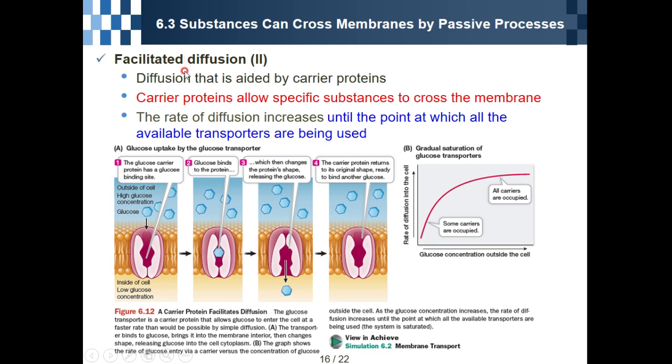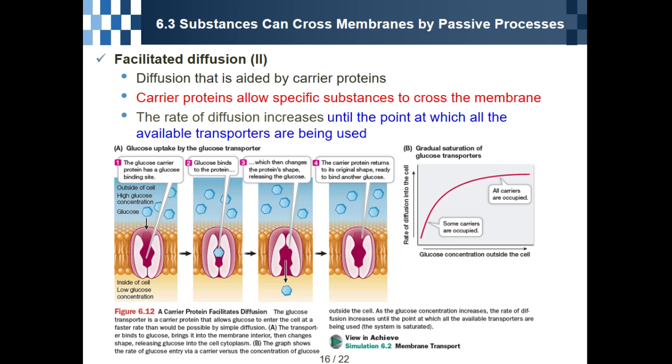The next one is also facilitated diffusion, but this carrier protein can allow specific substances to cross the membrane. For example, this is outside the cell, and this is inside the cell. This is glucose. The concentration of glucose is higher here and very low here.